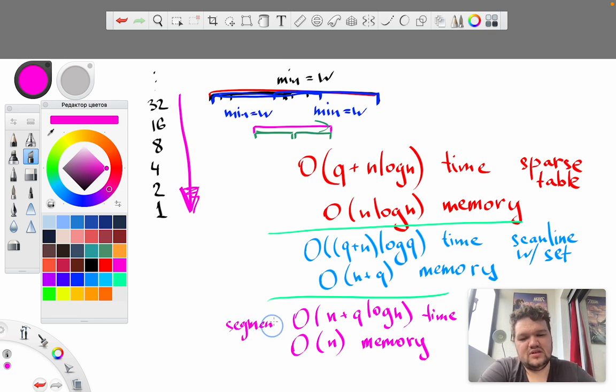But yeah, no. Well, segment tree is not hard per se, but it usually requires writing some code.